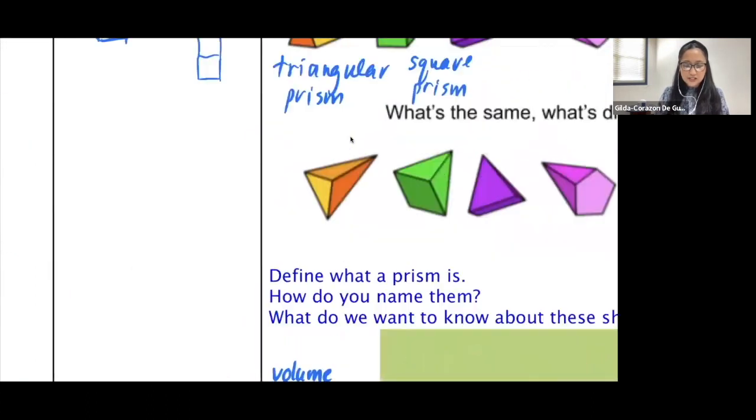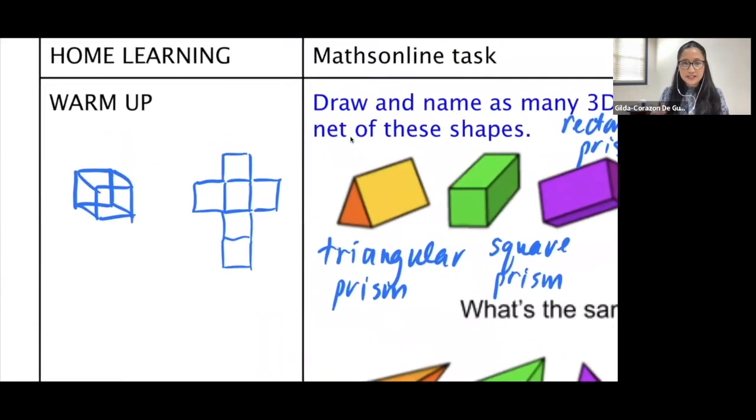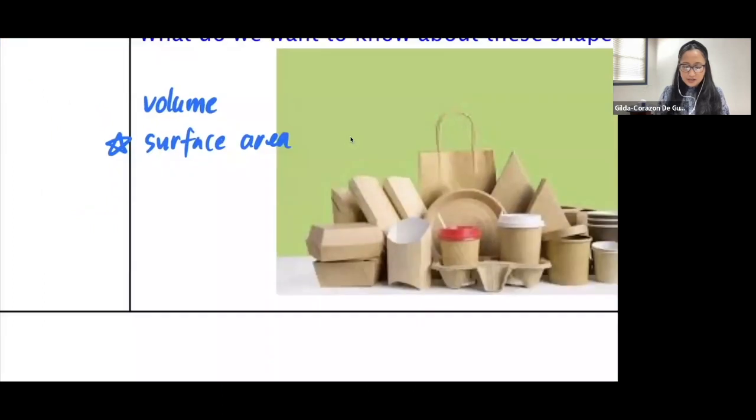And the reason why I asked you to draw the net of a shape is because the surface area is actually getting the area of each of those faces, right? So if you flatten that shape, and you have all these 6 faces of a cube, you want to get the area of each of the faces and add them together, and that's your surface area, because it makes sense that that tells us how much material we need to make up that shape, okay?